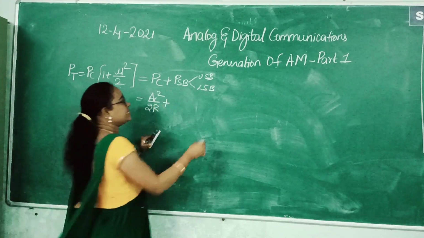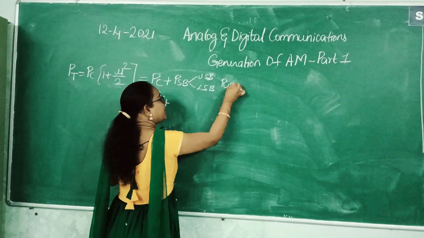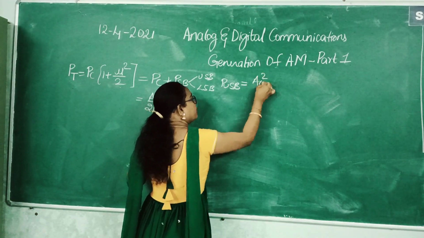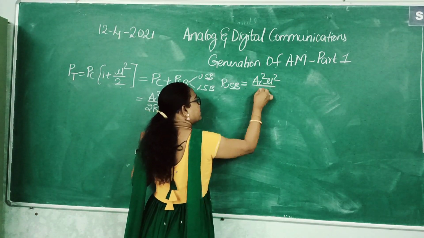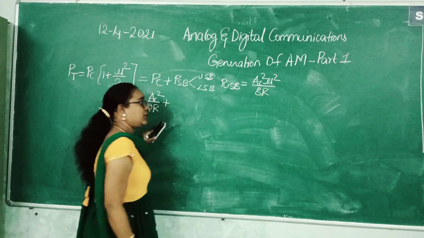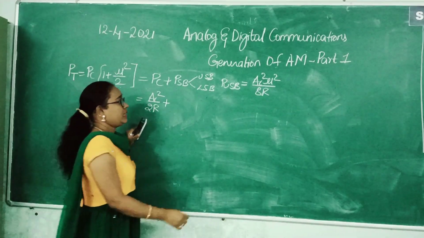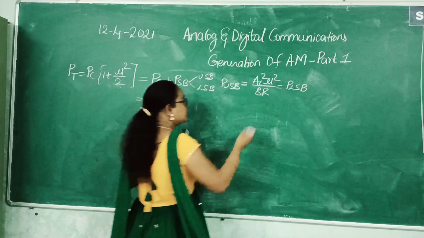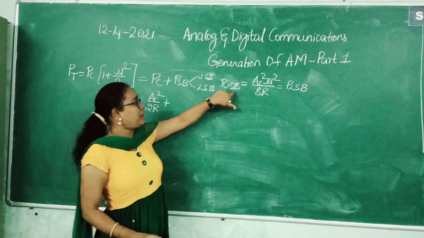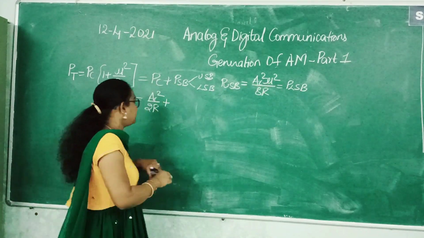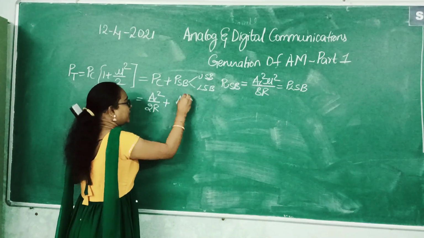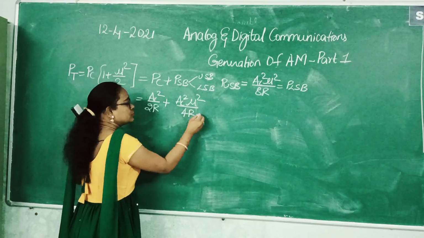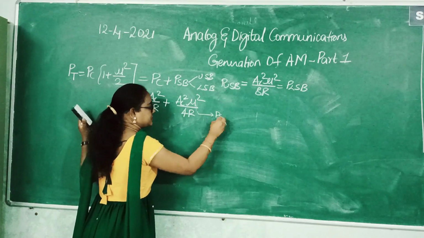Each sideband has power PUSB equal to AC square mu square by 8R, and that is equal to PLSB. So P upper sideband plus P lower sideband gives us AC square mu square by 4R. This is PSB.